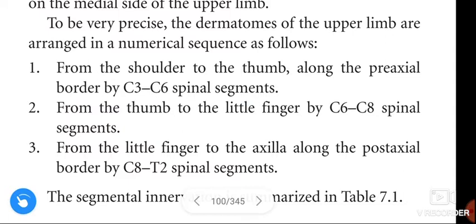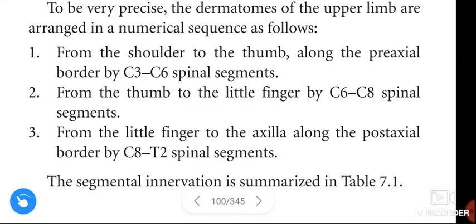Then from the thumb to the little finger by C6 to C8 spinal segments. Then from the little finger to the axilla along the postaxial border by C8 to T2 spinal segments.